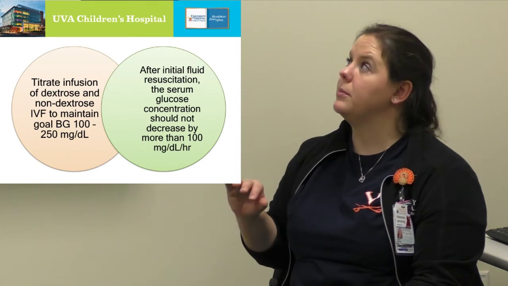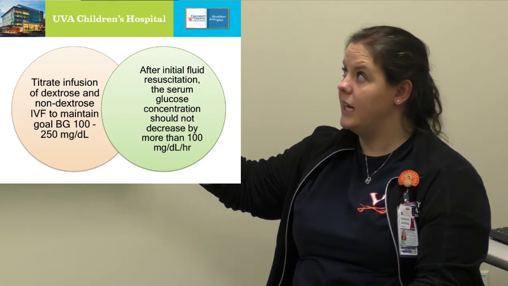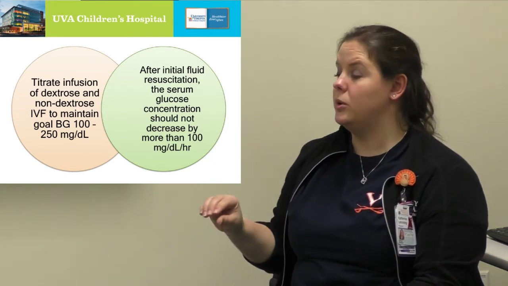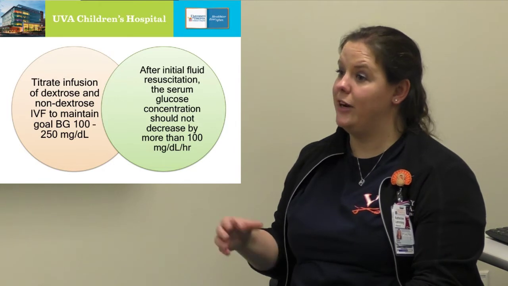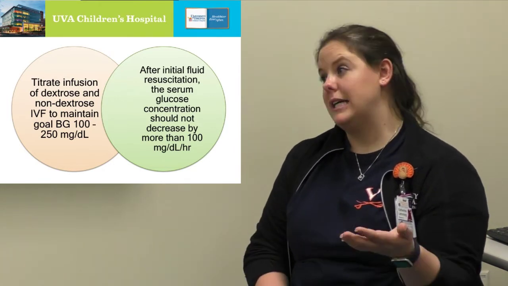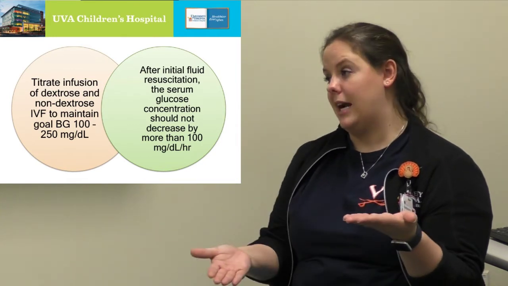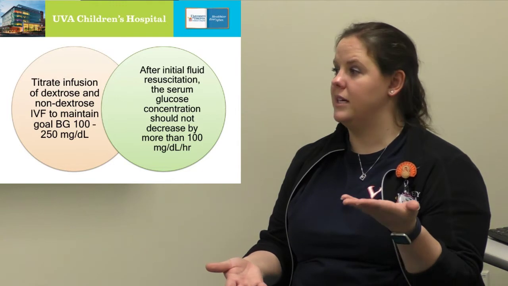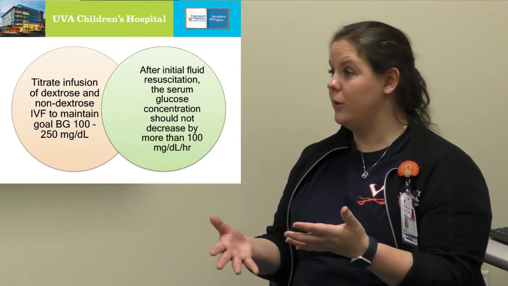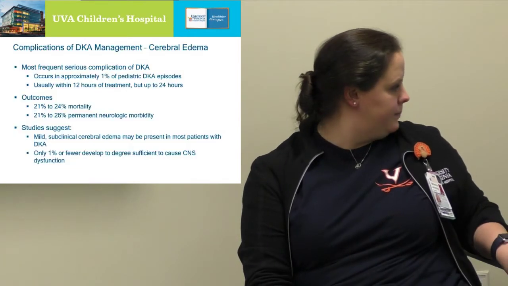One key thing to point out is that after our initial bolus or fluid resuscitation, we want to make sure that the glucose concentration does not decrease by more than 100 every hour. So if you start at 600 at the top of the hour, the next hour you want to make sure that you're not below 500. This is because it can cause shifts in fluid and lead to some of our complications that I'll go into in just a second.